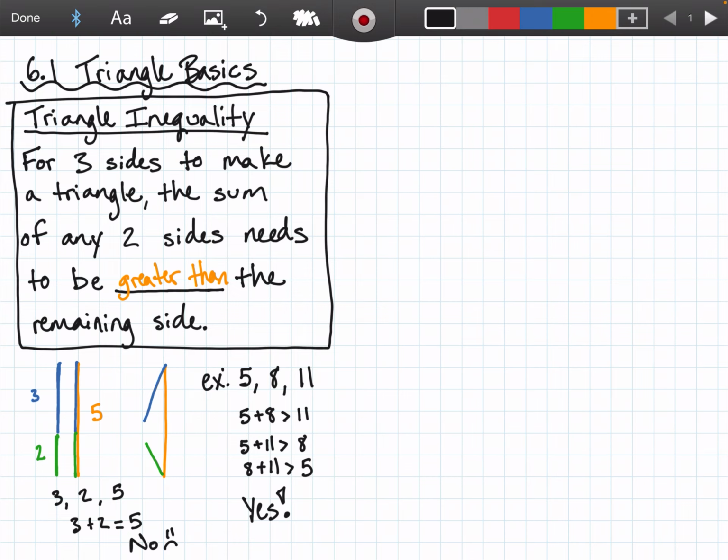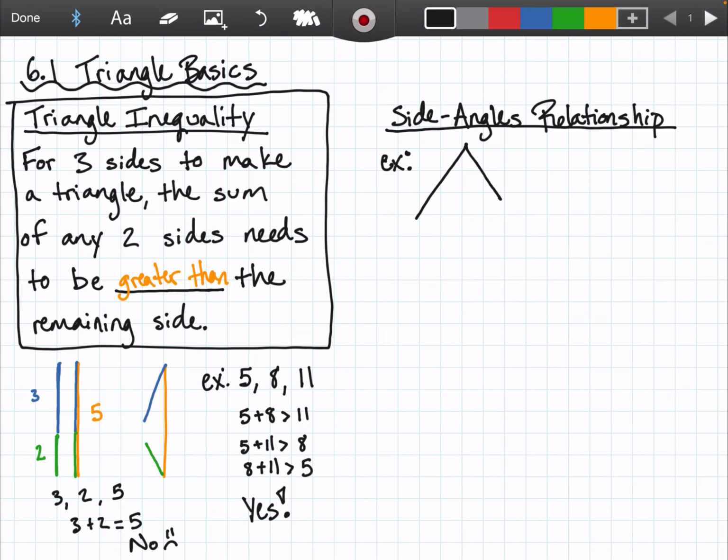Okay, the next thing I want to talk about is, I'm just going to call it the side angle relationship. Let's start with an example. Let's say I have triangle ABC here.